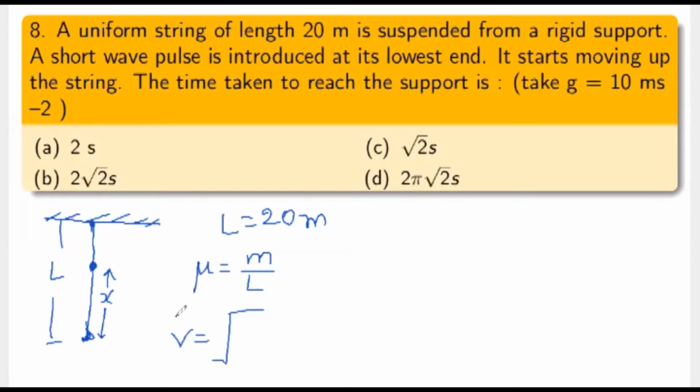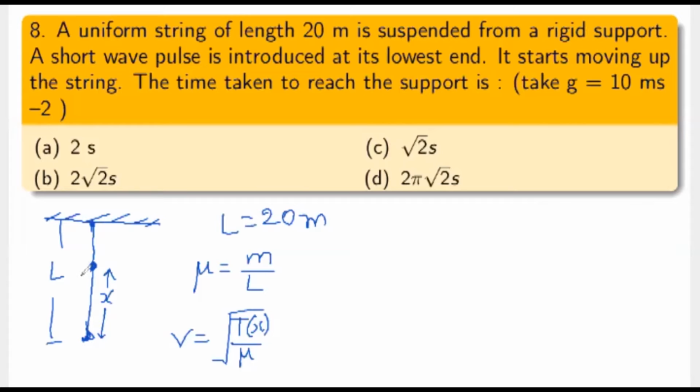So velocity of the pulse at a distance x is equal to the square root of tension at that distance divided by mass per unit length. Now, tension at this point x can be written as the mass in this distance x into g.